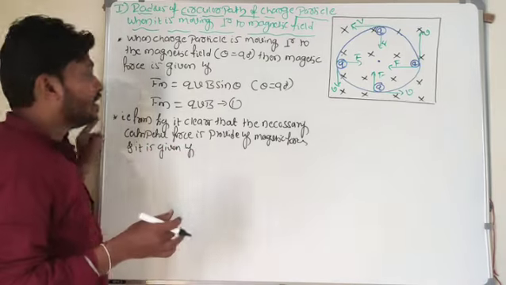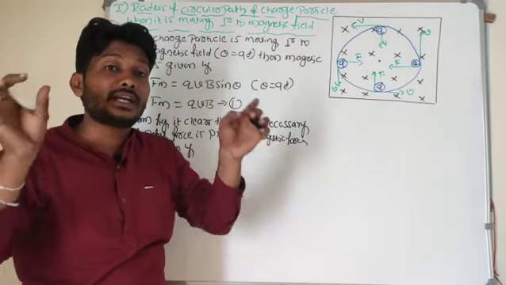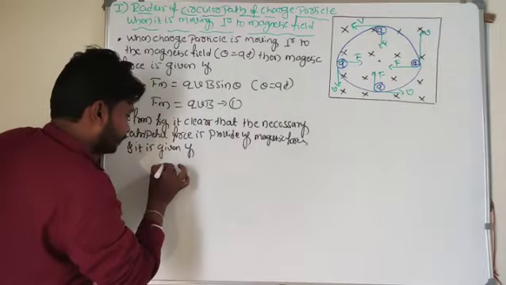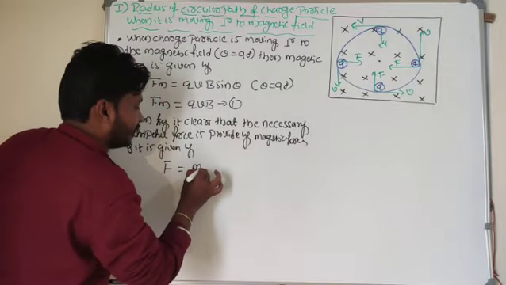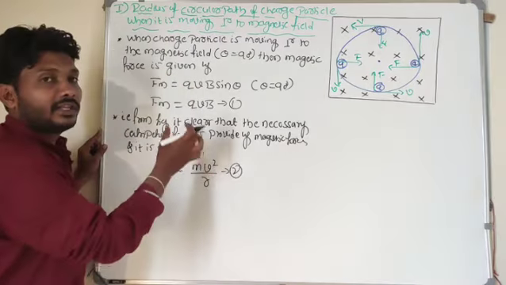Then what does it mean here? Magnetic force is equal to centripetal force. So centripetal force and magnetic force both are equal in magnitude, so that F is equal to mv square by r.